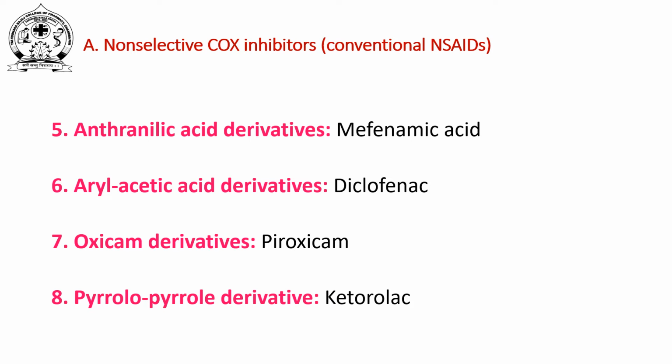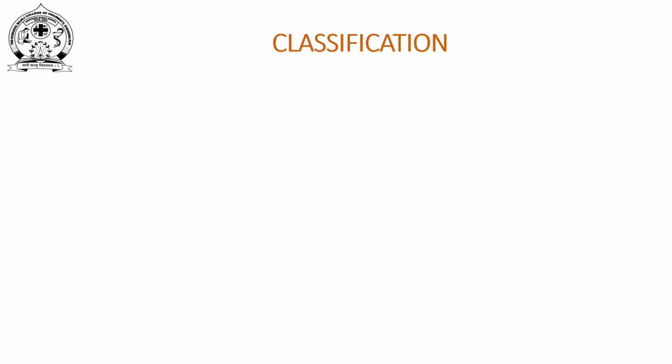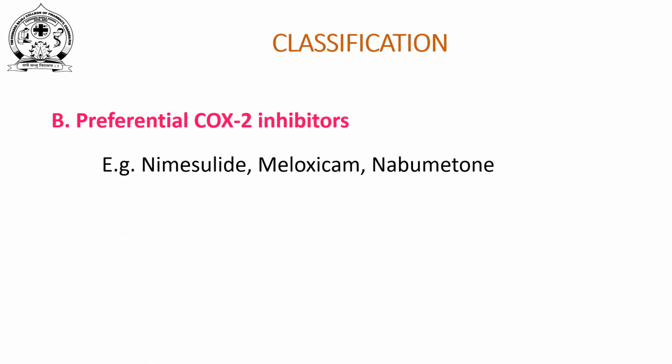Next, coming to the next class of drugs, preferential COX-2 inhibitors. These drugs preferentially inhibit the enzyme COX-2. Examples are nimesulide, meloxicam, nabumetone. Next, the third class of NSAIDs, selective COX-2 inhibitors.